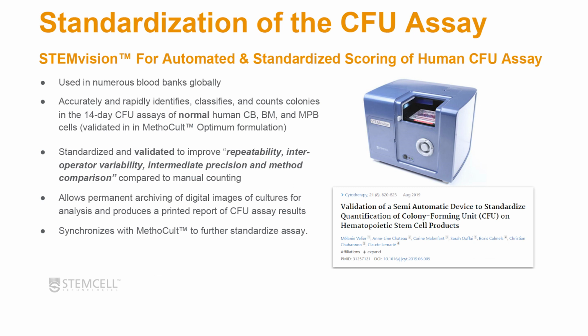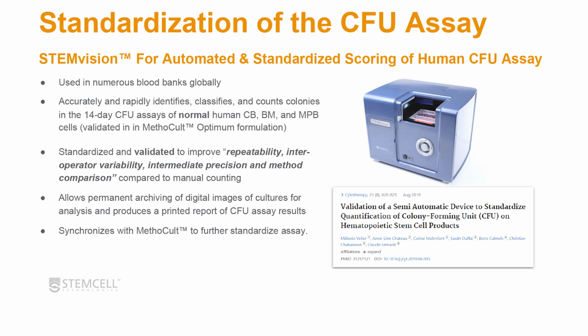To give you a little more background, the STEMVision machine was developed in 2011 and has now been used by numerous cord blood banks globally. It accurately identifies, classifies and counts colonies from the CFU assay from normal bone marrow, cord blood, and mobilized peripheral blood. These cell sources have been validated for cell growth in MethoCult media, more specifically the Optimum formulation.